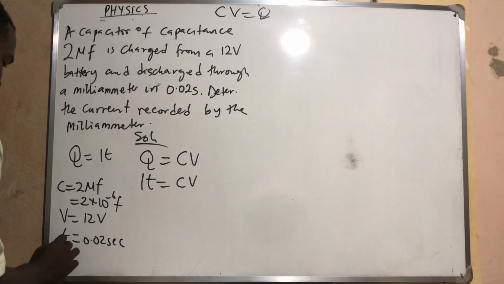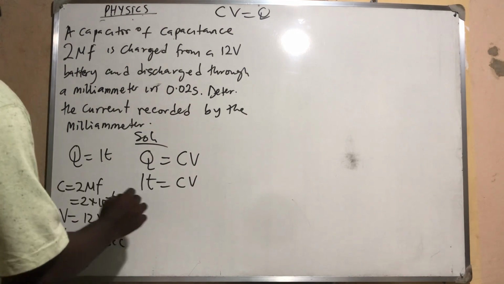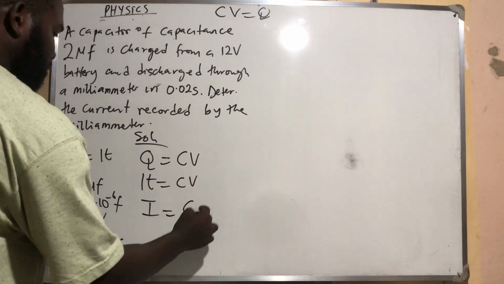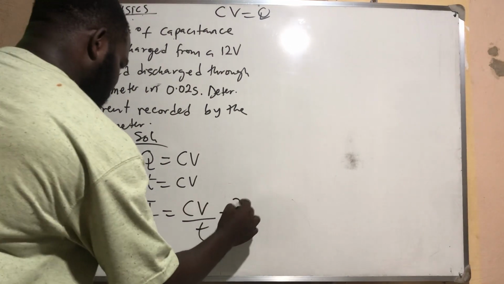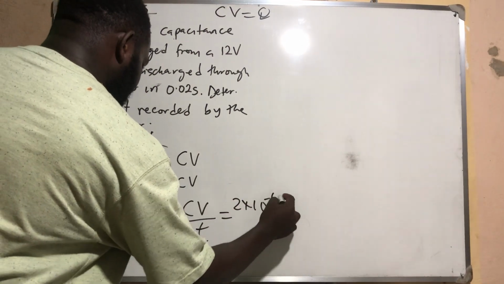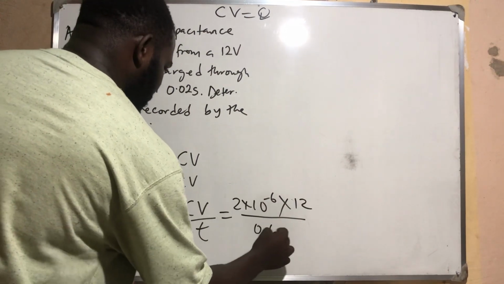The only problem I have is I need to find my I. If you put everything here, your I will be CV over T. C is 2 times 10 raised to power minus 6, times V which is 12, divided by 0.02.